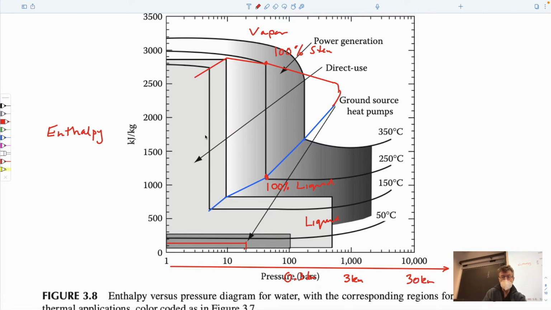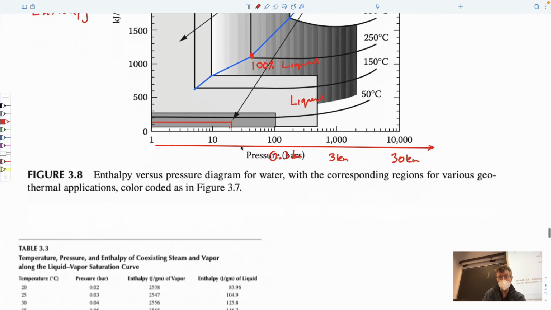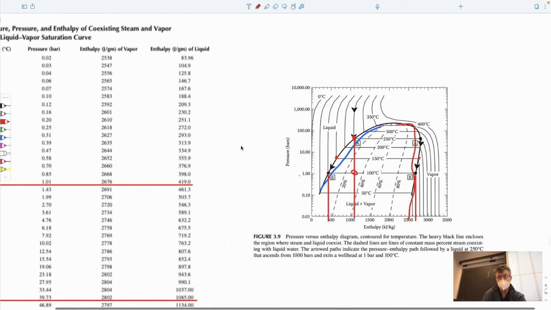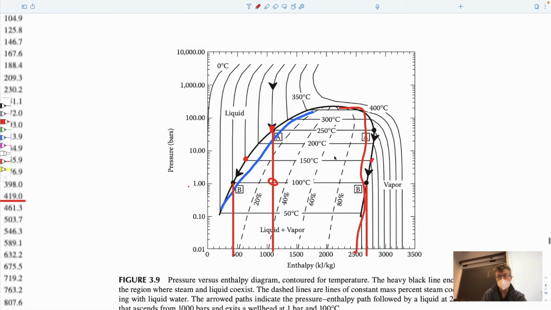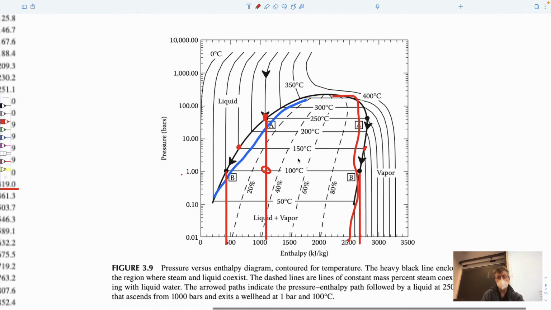And so if we transfer this figure onto our steam chart, our phase diagram, then this would be ground-sourced heat pumps on this side progressively.